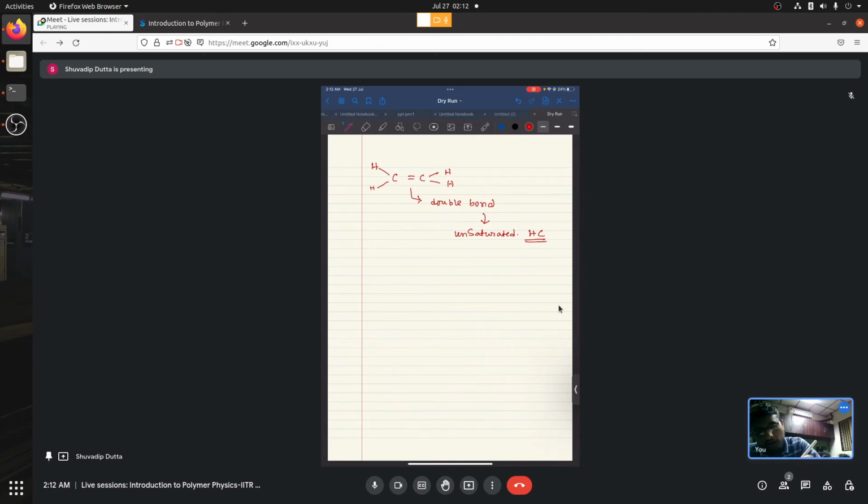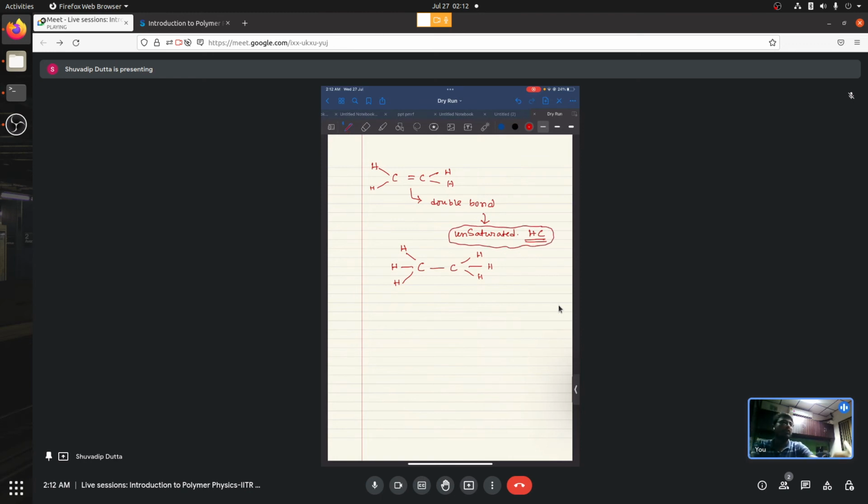These unsaturated hydrocarbons have the possibility that they will take hydrogen and become saturated. Generally, this kind of molecule is called a saturated hydrocarbon, and these are the unsaturated hydrocarbons.